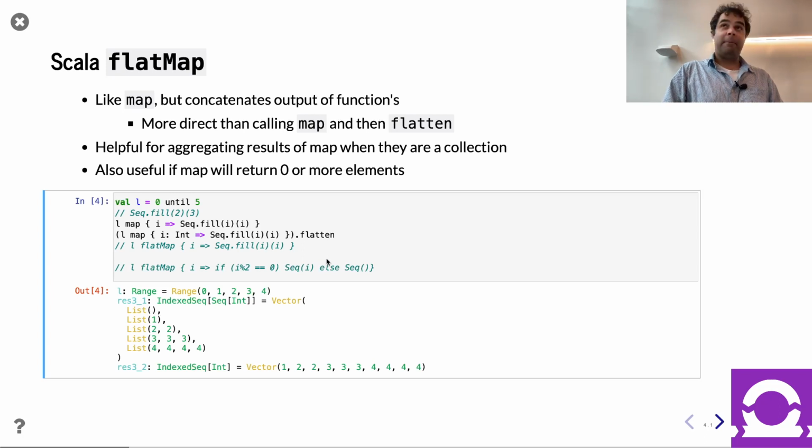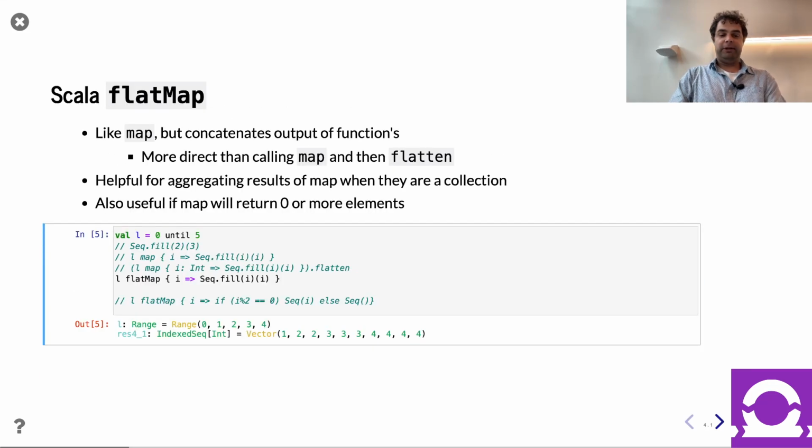Turns out things like this happen enough that many functional programming languages have flatMap, where we can do the exact same thing. The difference is it slightly tweaks the semantics of map, right? Map normally is apply this function to each element, and whatever the output type of your function, that's the element type of your output collection.